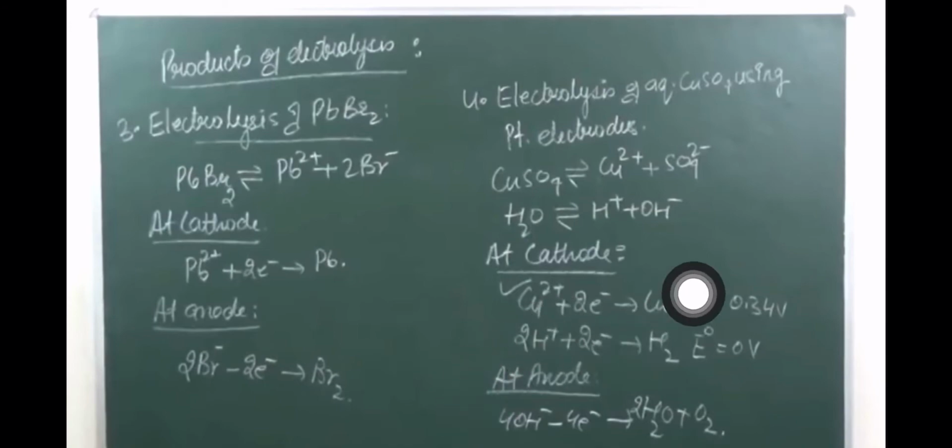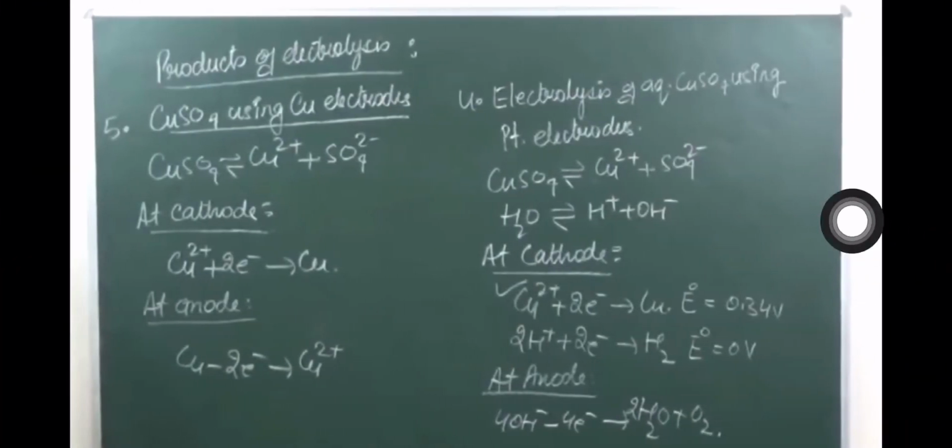And at anode, instead of two reactions, only one reaction takes place, that of OH minus. So 4 moles of OH minus will lose 4 electrons to give 2 H2O plus oxygen gas. This is the condition when Pt electrode is used.